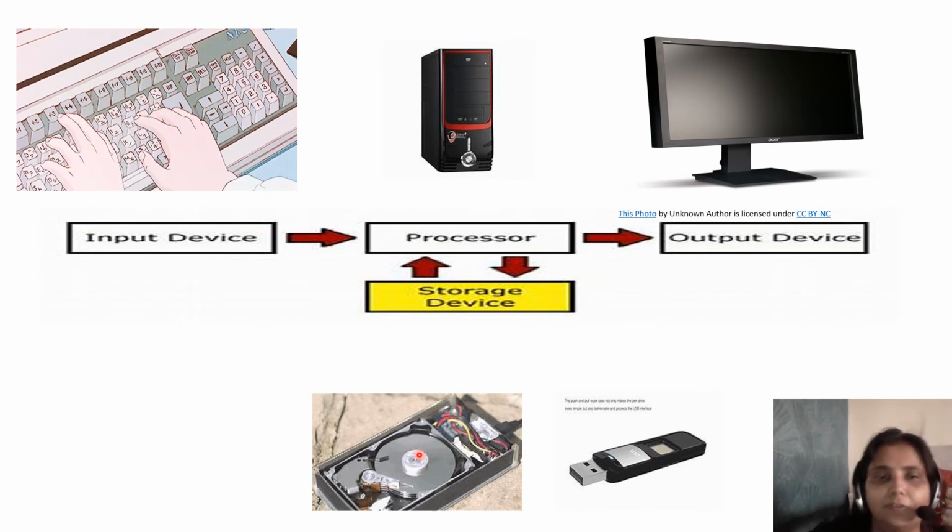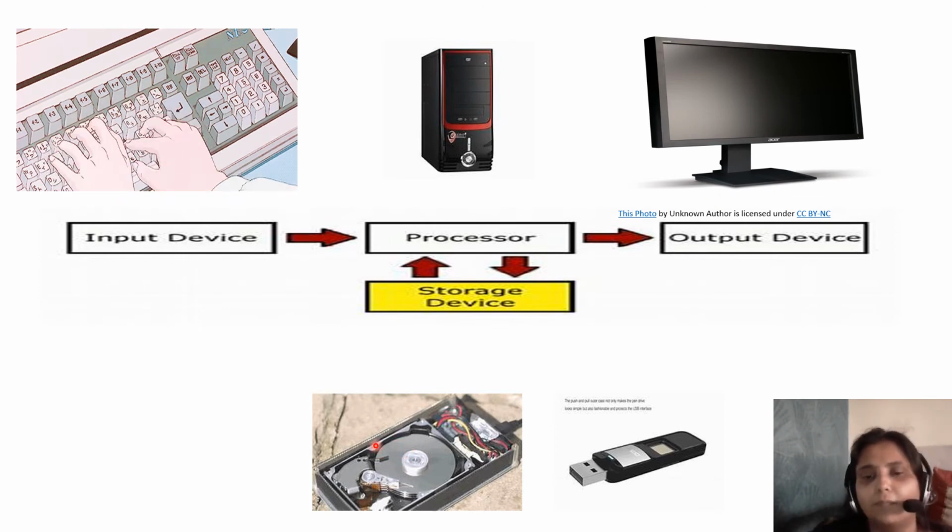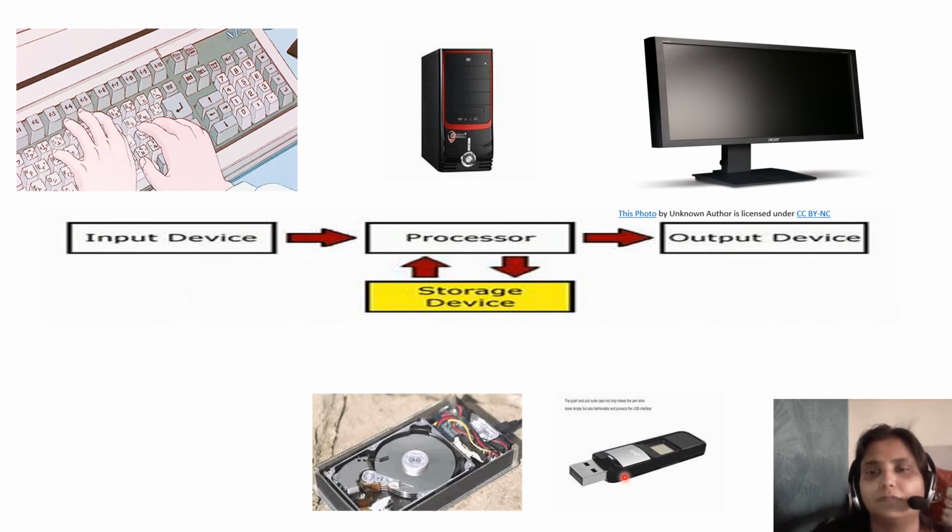That means if we want to use it in the future, if we want to see something afterwards also after working, we can see it by opening it from the hard disk, or we can store the data in the pen drive also. I hope you are able to recognize the pen drive. We use pen drive. Okay, so these are called storage devices.